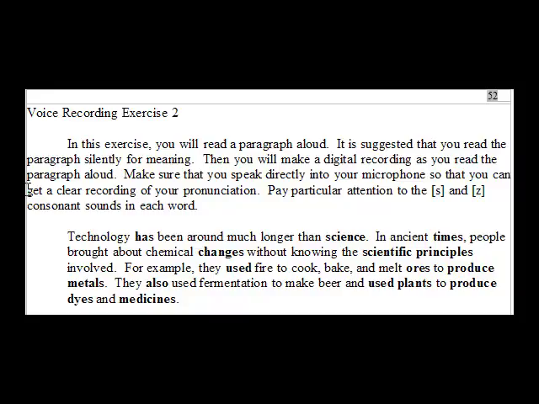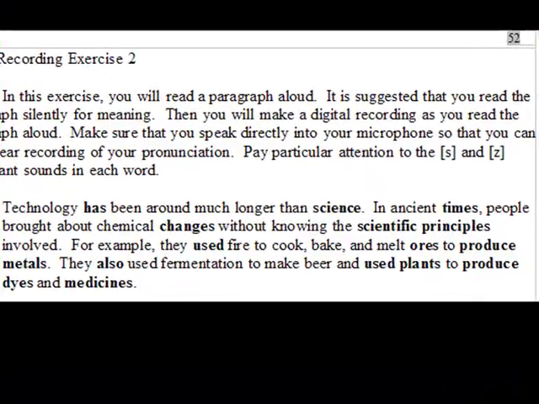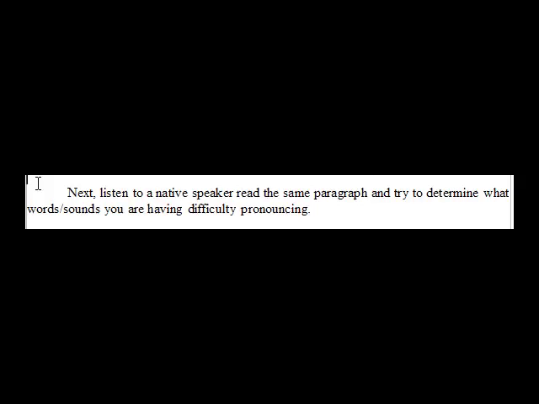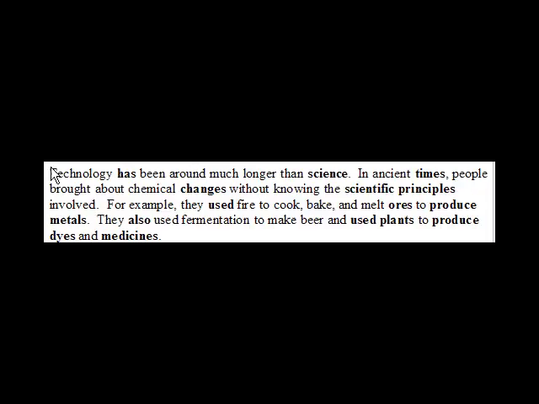Pay particular attention to the S and Z consonant sounds in each word. Pause the video to make your recording now. Next, listen to a native speaker read the same paragraph and try to determine what words or sounds you're having difficulty pronouncing.